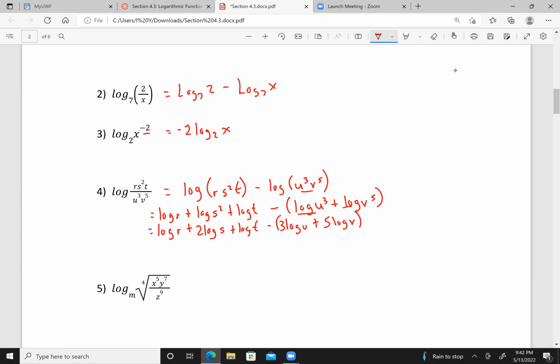And now here's where everybody messes up. I have the log of r plus 2 times the log of s plus the log of t minus 3 times the log of u. Everybody gets that one. And then you forget to distribute it here as well. Minus 5 times the log of v. So be careful.